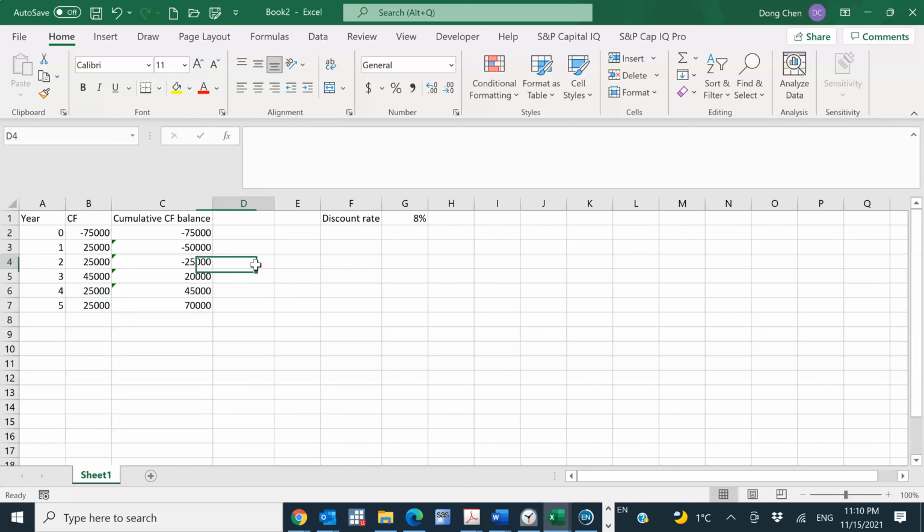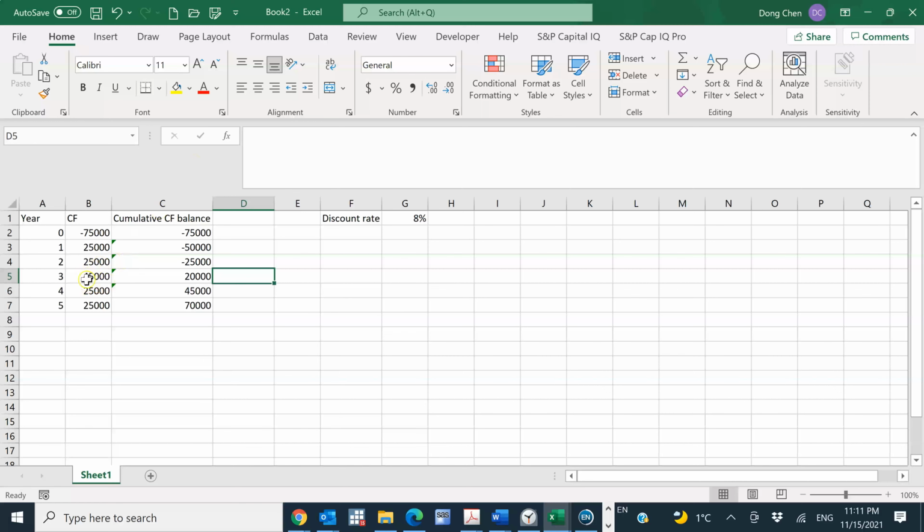By how much, we can also do that calculation. By the end of year 2, the cumulative sum of the cash balance is still negative $25,000. So we need $25,000 from year 3 to cover this negative sum. Let's assume that the cash flows happen evenly across the year.